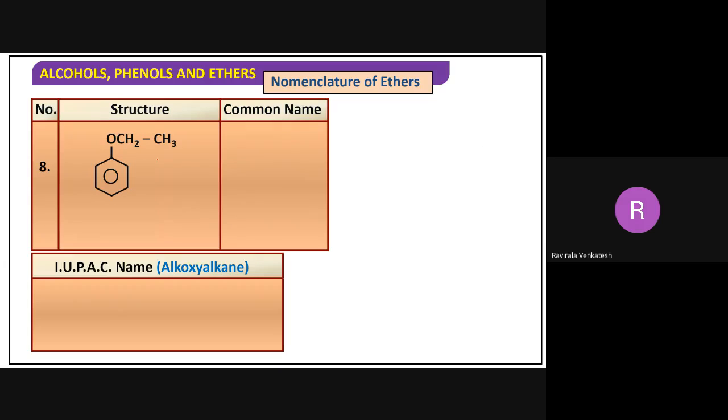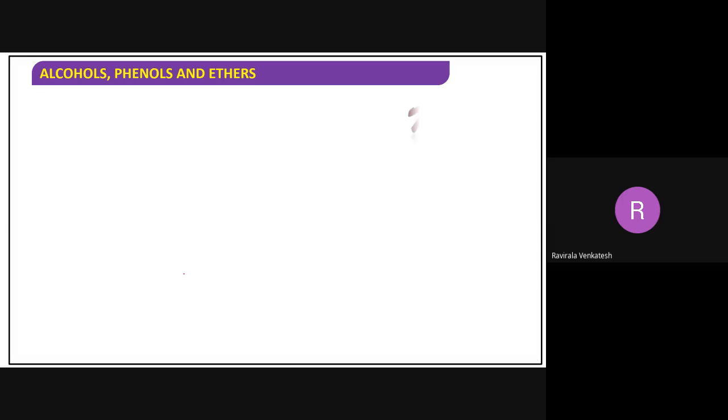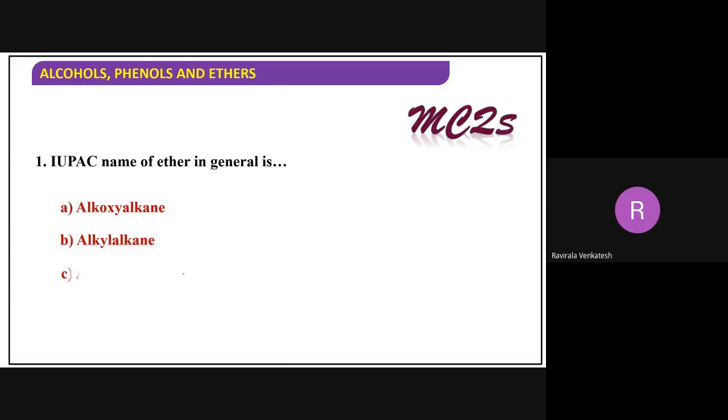This is called phenetole, isn't it? Or ethyl phenyl ether, but ethyl phenyl ether we generally don't use. And what about this one? The IUPAC name will be ethoxybenzene, isn't it? Can you give an answer for this one? Alkoxyalkane.